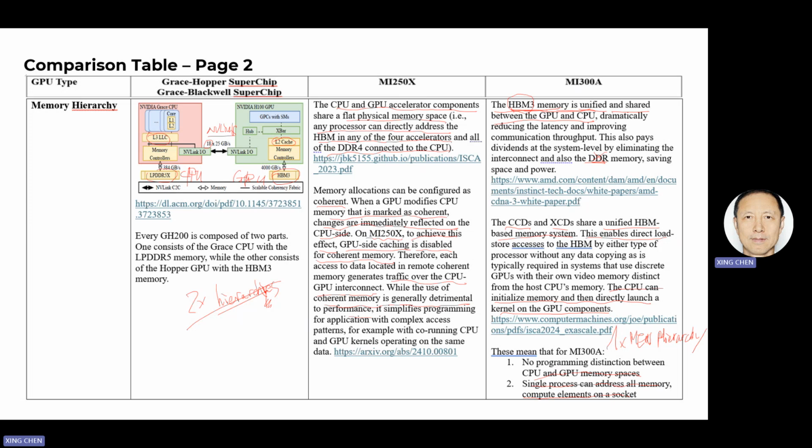But underneath this benefit for the programmers, the implementation comes from very different architectural evolutions. On one side, with MI300A, they have brought the GPU into the very center of the chip, and they have just one memory architecture.